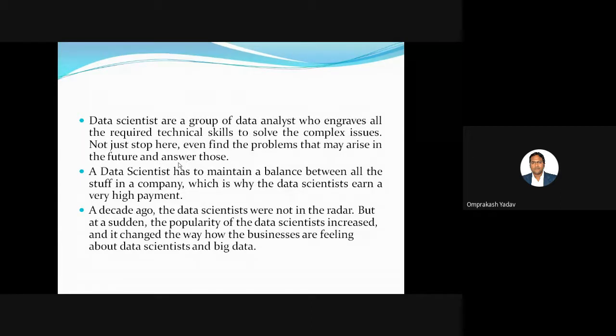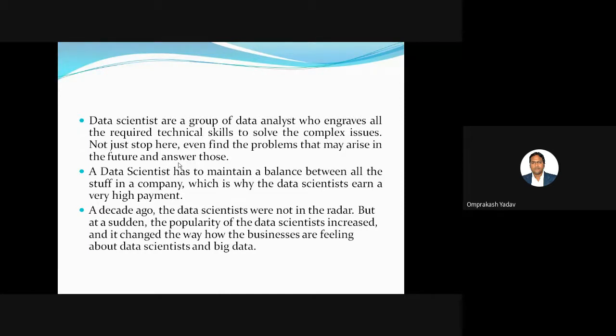For example, let's suppose any stock is there. I'm sure all of you might be aware of the stock market, right? If any particular share is there, and for some reason its price is not increasing, a data scientist can analyze the entire data. There might be a certain issue with the company, or the management is not very active, or the cash they have in hand they are not using in a proper way, or the investment they might not be doing in a proper way.